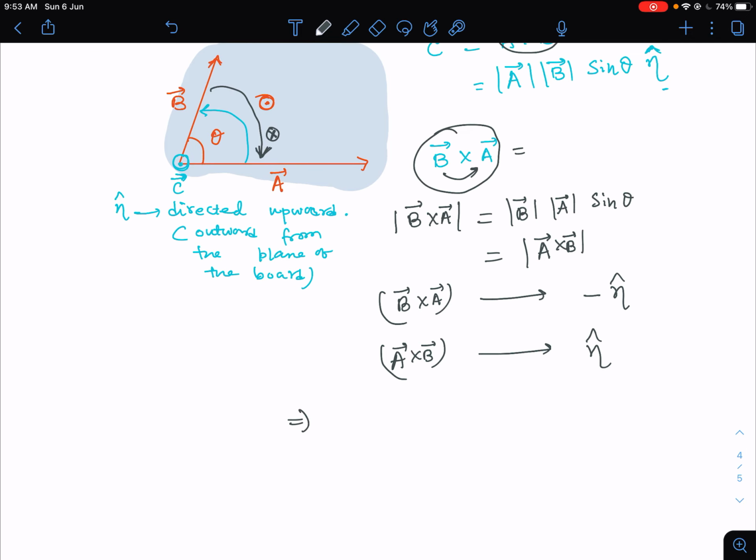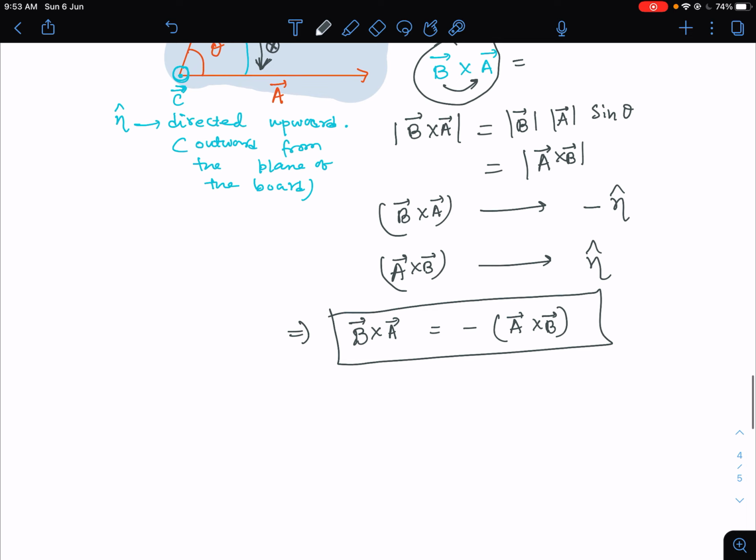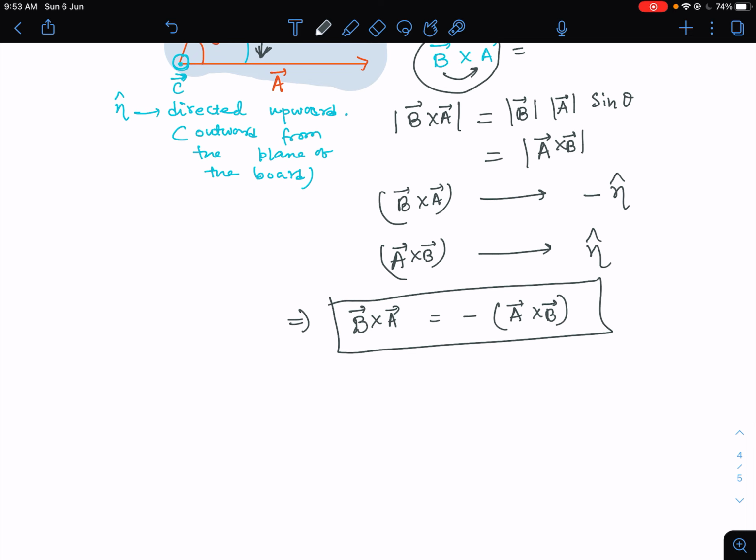So we can conclude that B cross A is the negative of A cross B. But in the case of dot product, B dot A is the same as A dot B.